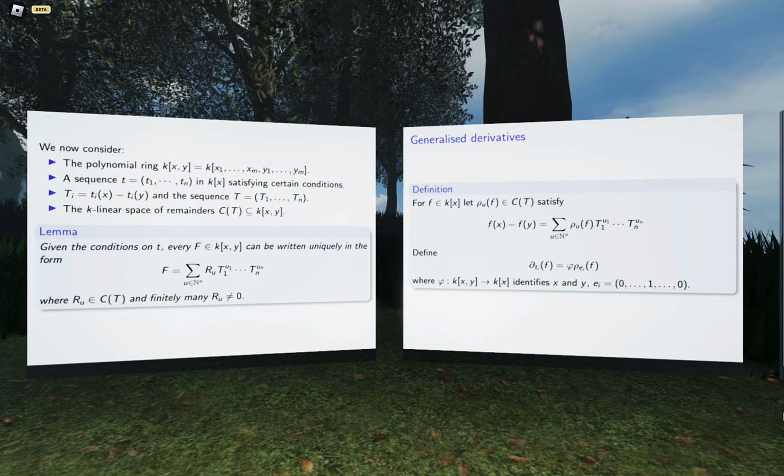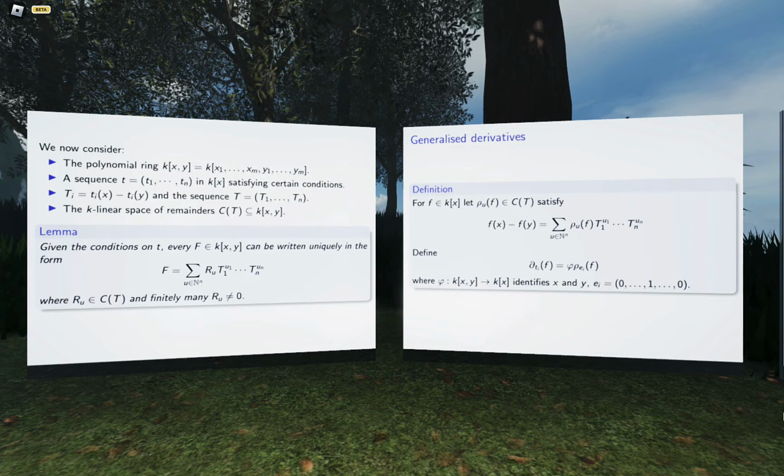The point of these conditions, which I won't bother stating, is that the following lemma holds: every polynomial f in K[x,y] can be written uniquely in the following form, where we have f written as a sum of powers of these difference polynomials, where the coefficients in this sum are remainders of division by big T. And of course, finitely many of these are non-zero. So the right-hand side is actually genuinely a sum.